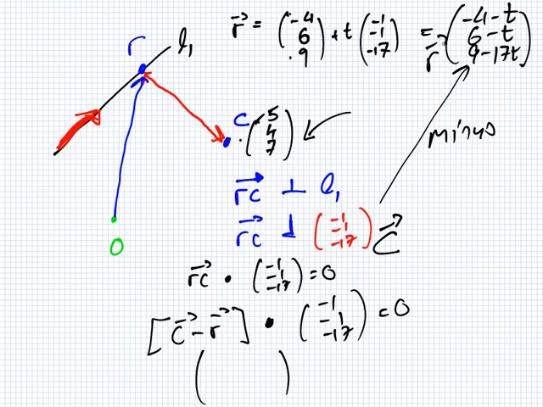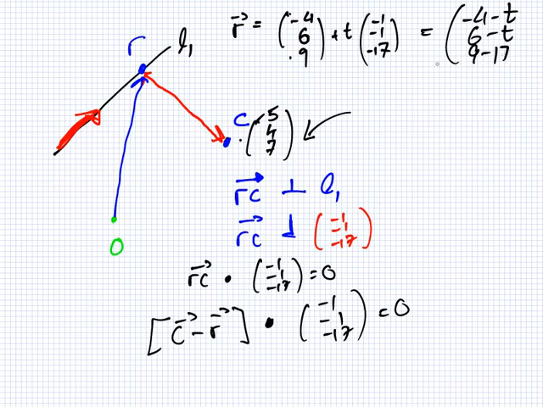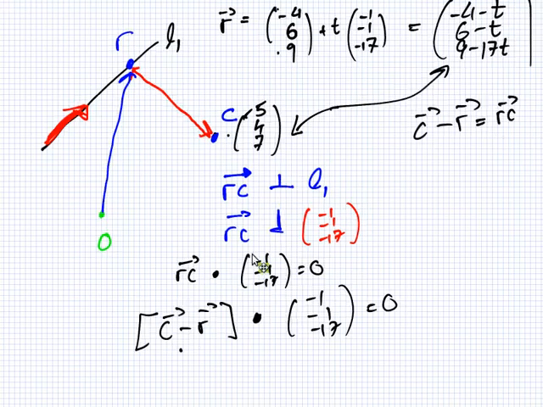It's confusing. This is not C, that's L1. This one and this one. So C minus OR will give me OR C.